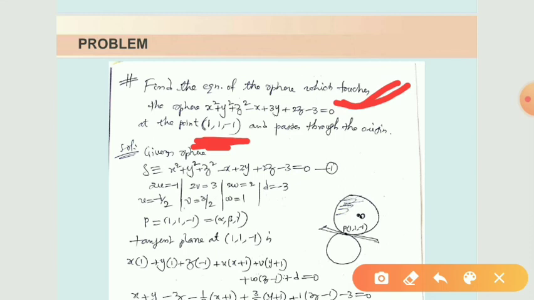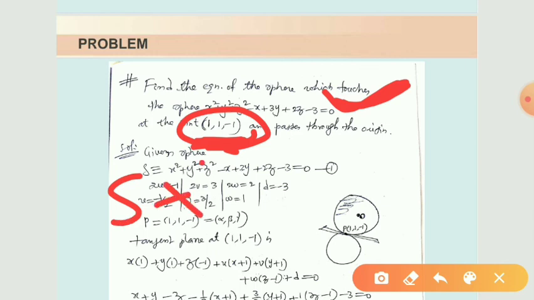We have to find another sphere touching the given sphere at the point (1, 1, -1). To solve this, we find the tangent plane at the point (1, 1, -1) to the given sphere, and any sphere touching the sphere at that point is of the form S plus lambda u is equal to 0.